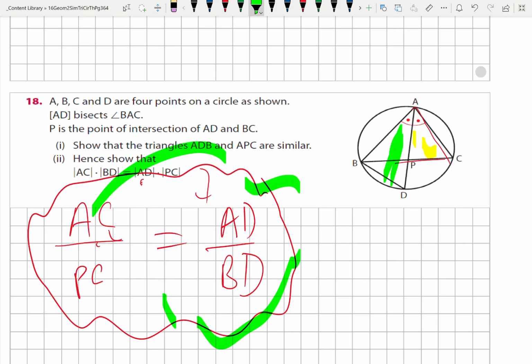So now I'll start up on A, and I'll go A to D to B, which means from the red angle to the blue angle is similar to A to C to P.